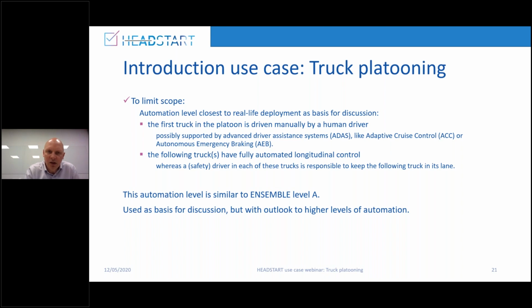It could be supported by ADAS systems, for example ACC or AEB, but basically it's driven manually, and the following trucks are fully automated, only in longitudinal control. But there is still a safety driver in each of these trucks that is responsible for keeping the truck in the lane. This automation level is similar to what is done for ensemble level A.